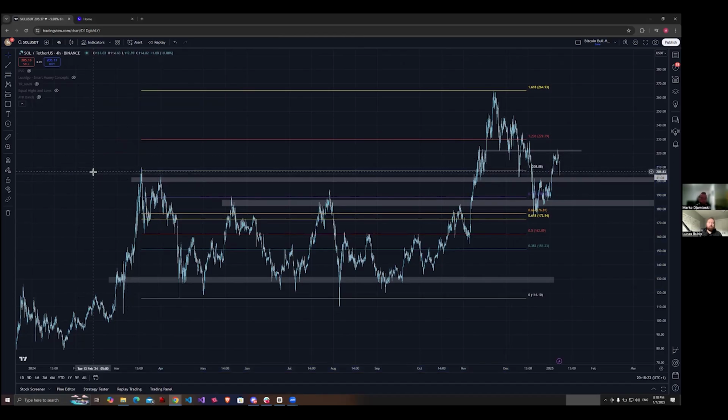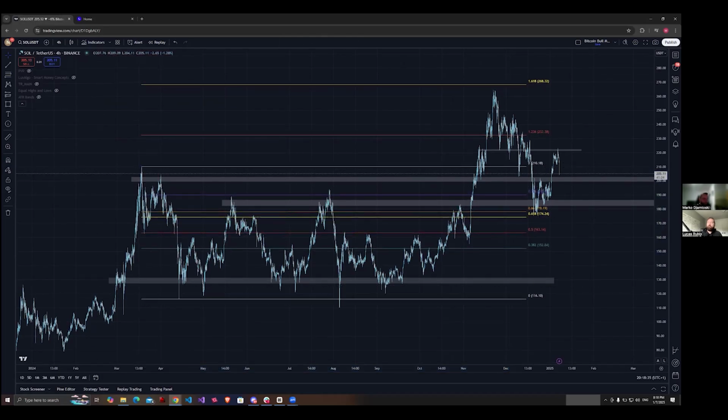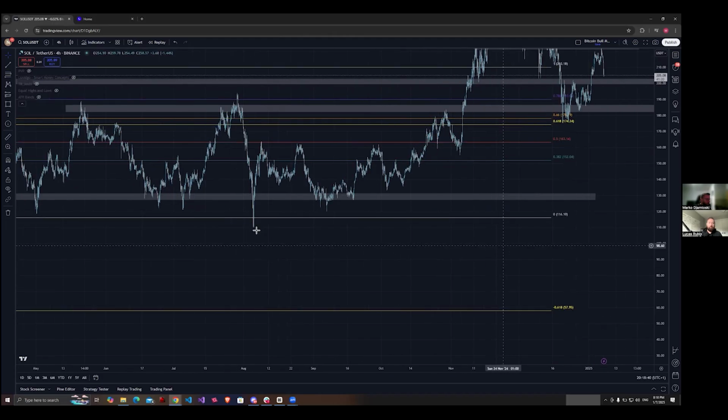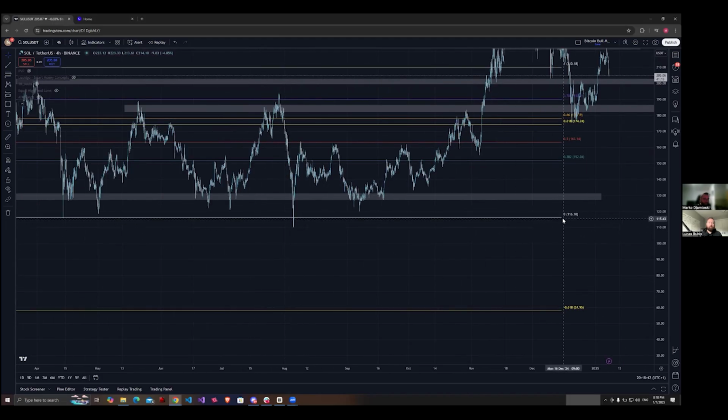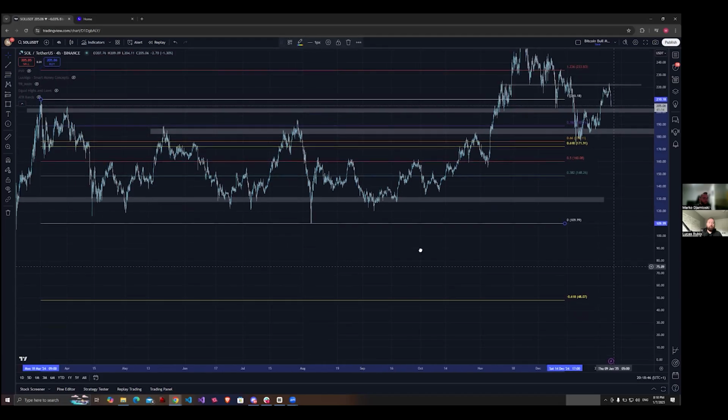When using the line chart, we mentioned before, we only have the closing price. The closing price does not mean that the asset went there. The wick does. So we can see that Solana using the line chart goes to 116, but with the wick, we see that it goes to 110. So you really want to use the 110.